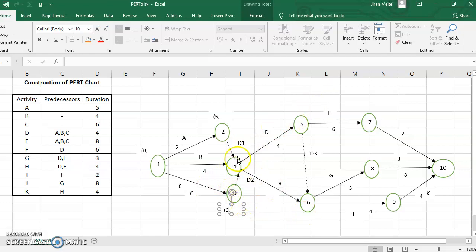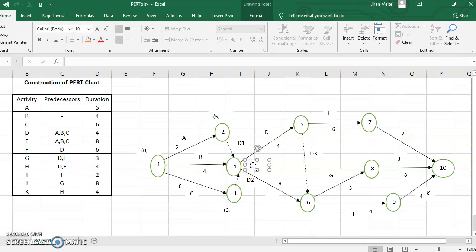So what we do to write the number inside the bracket in this circle is take the maximum of the three directions. So 0 plus 5, 0 plus 6, and 0 plus 4, which is 4. So 4, 5 and 6, the maximum happens to be 6.